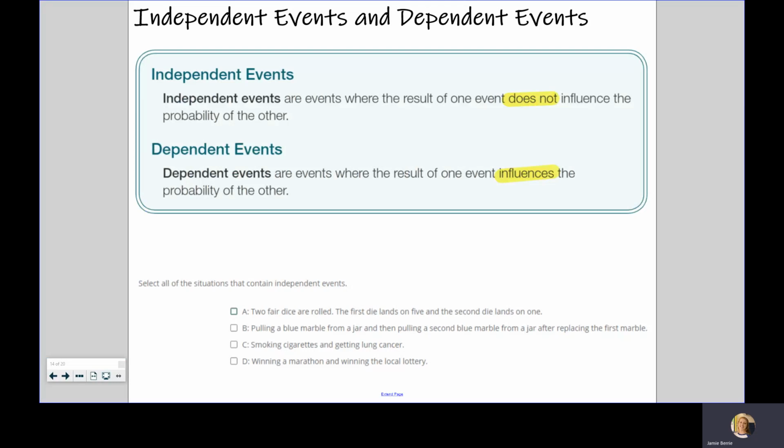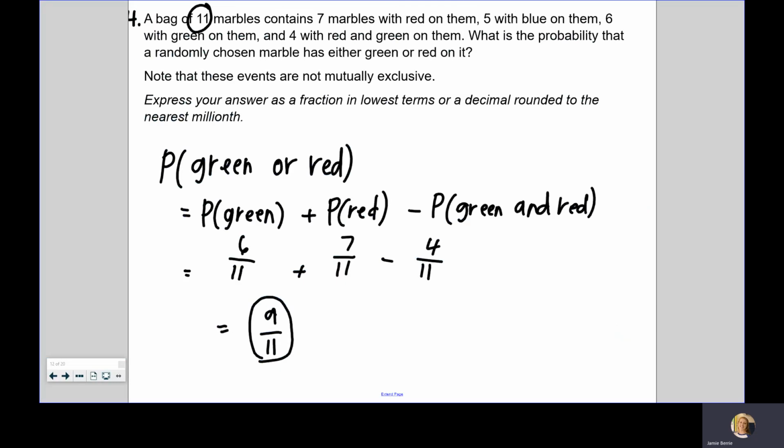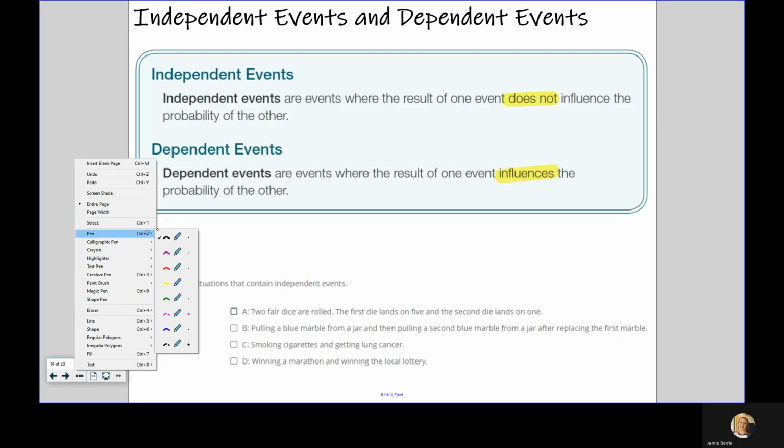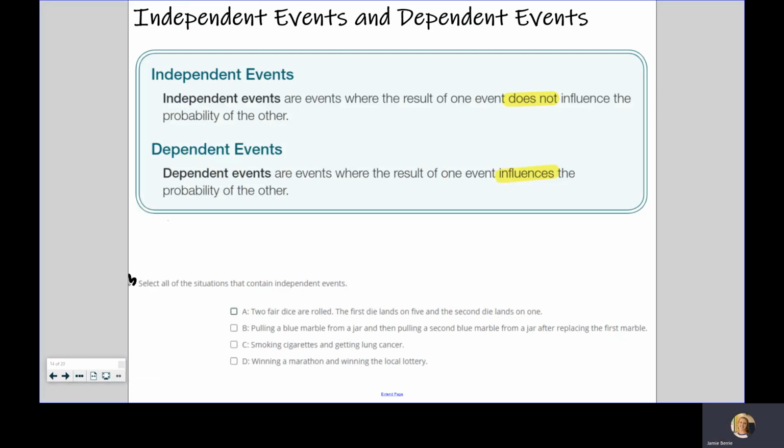All right, so I took this problem off of the homework. I think this is number 5. Okay, let's talk about independent and dependent events. We're going to look at each one of these situations and put a check mark on the ones that contain independent events.